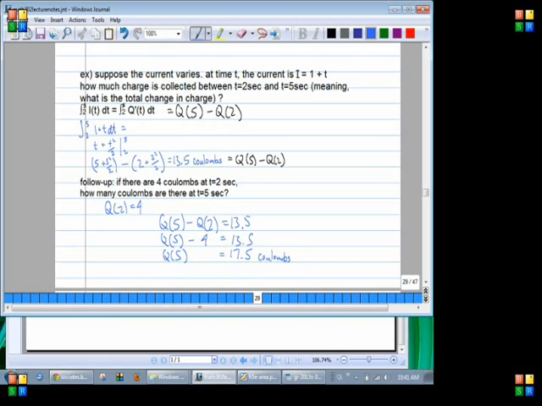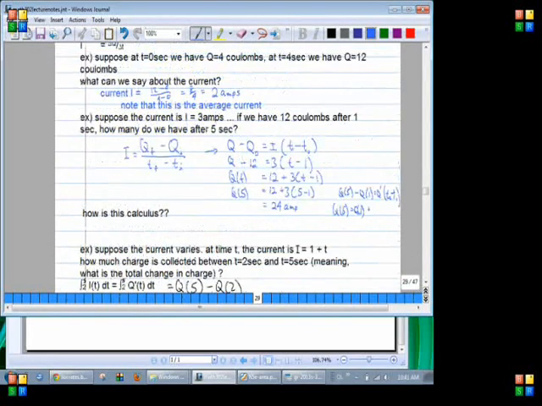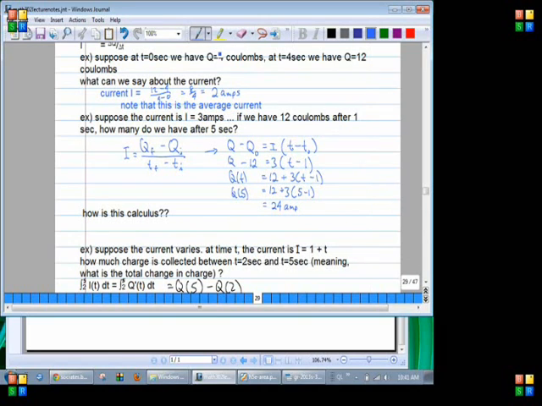So how could we use calculus to do the previous problem? First I'm going to talk about it that way to answer that previous question. We could say that the current is 3 amps.